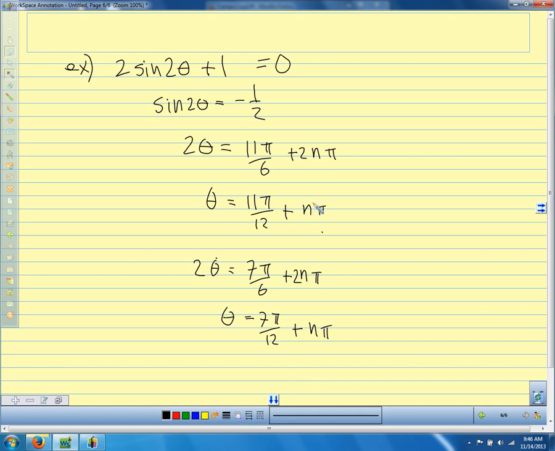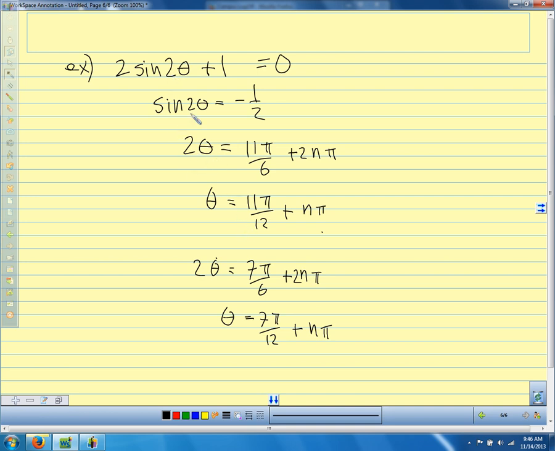And we can think about this n pi. We're adding multiples of pi. What's the period of sine 2 theta? Pi. 2 pi over b, 2 pi over 2. The period is pi. So this is adding one period for sine 2 theta.